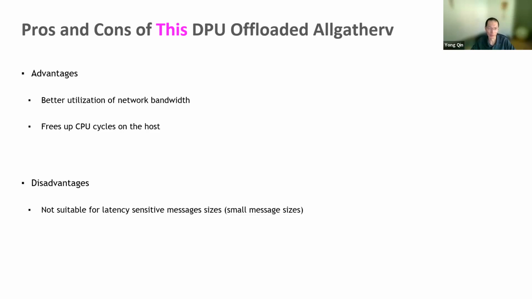Those are all the overheads associated with DPU offloading, and small messages are not going to be able to take advantage of that. So this is considered one of the disadvantages.